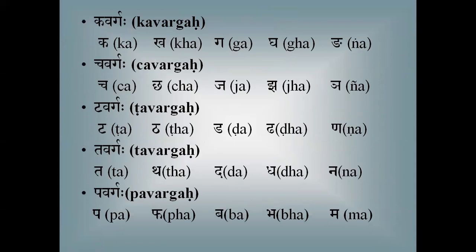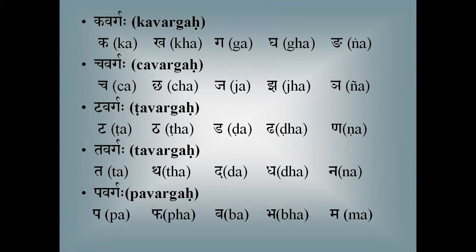And we have seen all the 25 class consonants. Kavargaha: Ka, Kha, Ga, Gha, Nga; Cha, Chha, Ja, Jha, Nya; Ta, Tha, Da, Dha, Na; Ta, Tha, Da, Dha, Na; Pa, Pha, Ba, Bha, Ma.